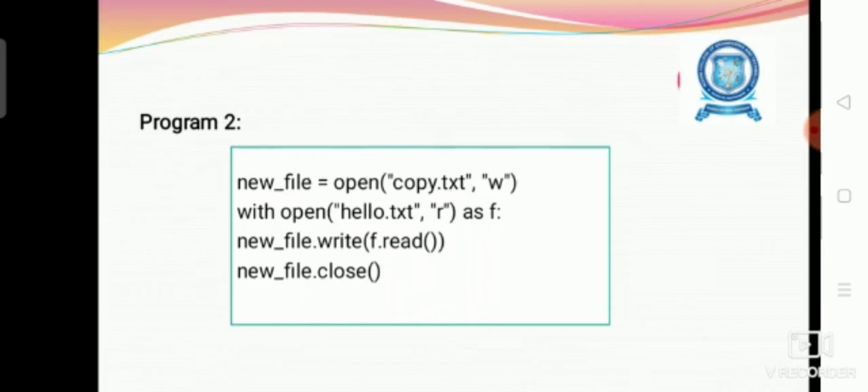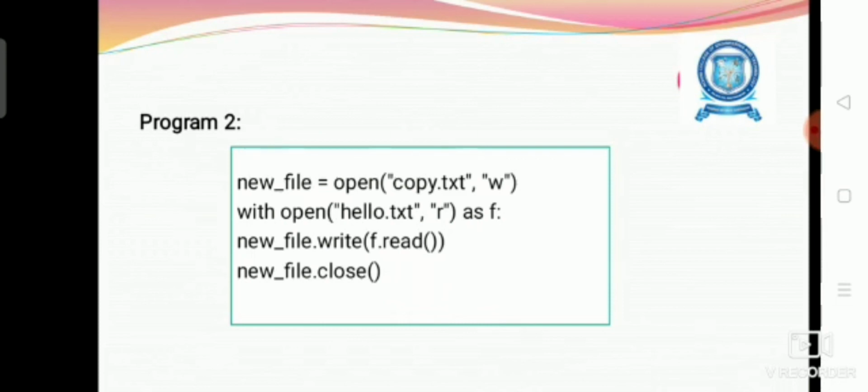So we have created the file object f for the file hello.txt. Now we are going to copy the content from the file hello.txt and paste the content into the file copy.txt.